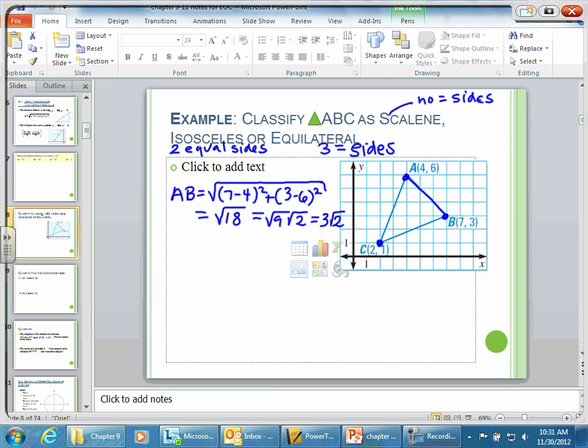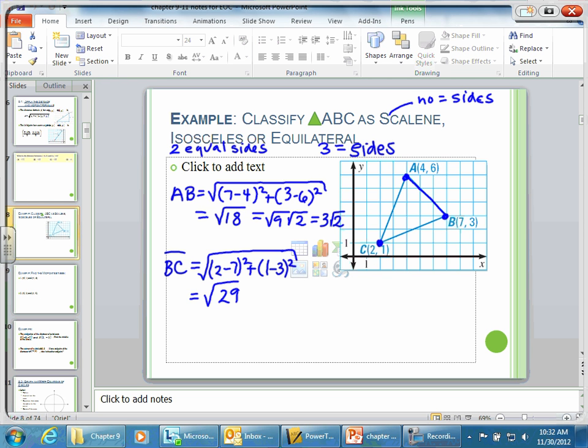All right, what do you want to do next? How about BC? See if you can fill that in. And I got the square root of 29. Well, we can definitely throw out the equilateral here because these two sides are not equal.